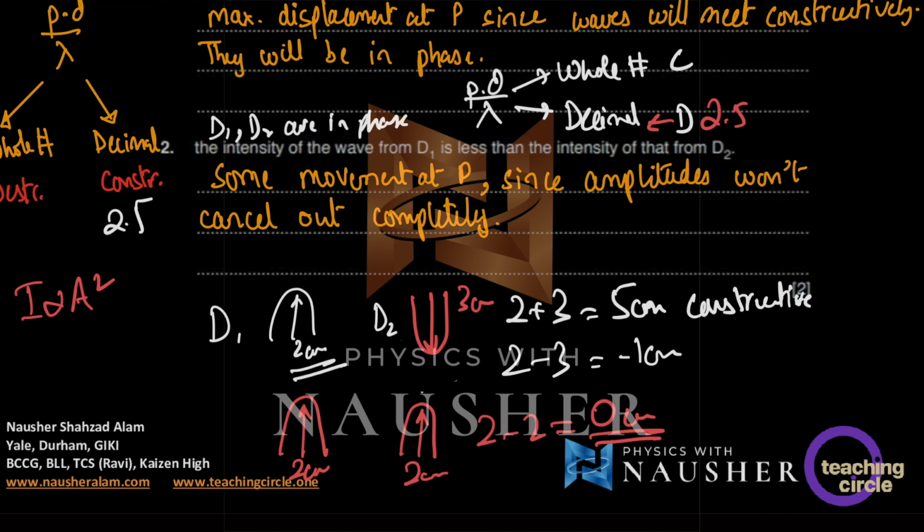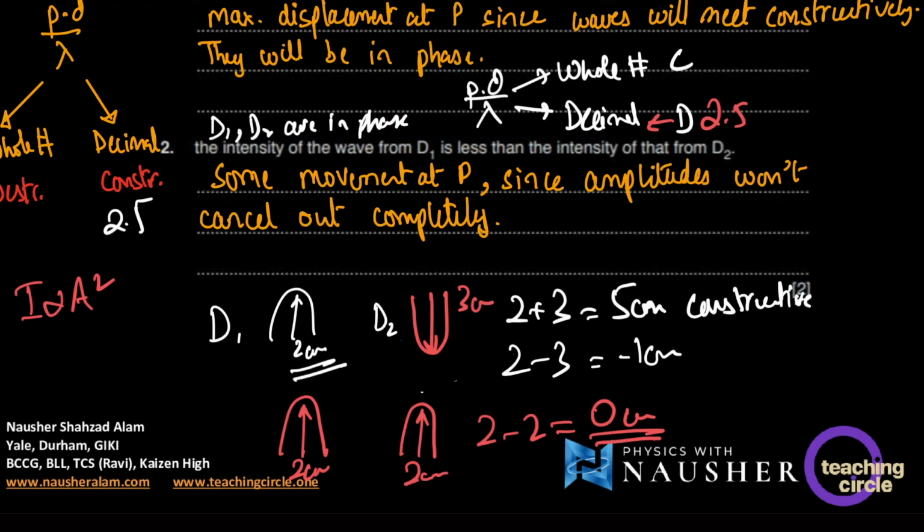So D2 is pointing like that, and it's 3 centimeters if this is 2.5 and if D1 and D2 are in phase. So remember, whenever you say they're meeting destructively, you have a crest and you have a trough. Whenever you're saying that they meet constructively, you have a crest with a crest. So if a crest overlaps with a crest, you will meet constructively. If a crest overlaps with a trough, you will meet destructively. So if I want 2 minus 2 is equal to 0, should this direction be this or should it be reversed? The answer is it should be reversed.